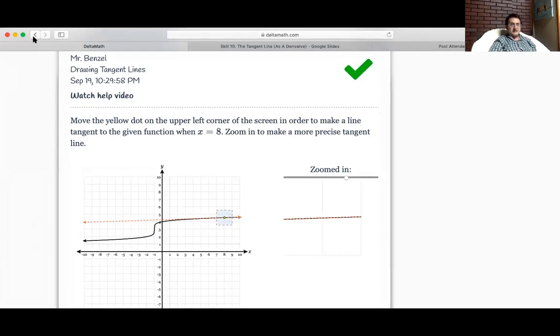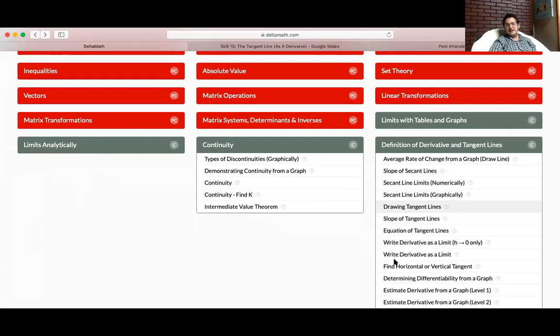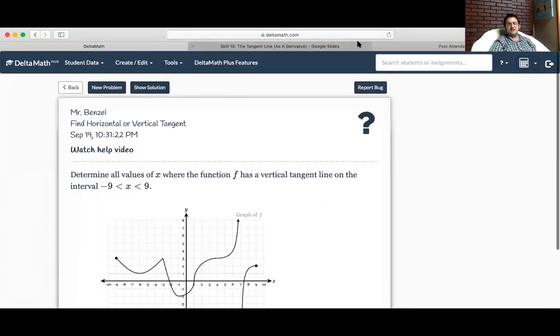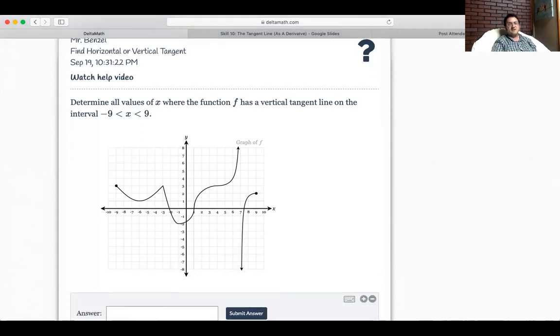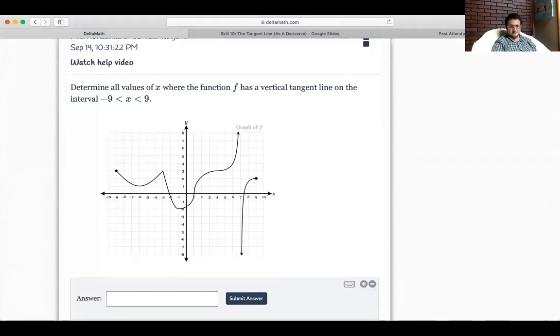All right. The next exercise that I'm going to give you is finding horizontal and vertical tangents. What we're looking for is places where there are vertical tangent lines on the graph. So this just means undefined slope. We have a pretty nice clear-cut pointy thing type of situation.